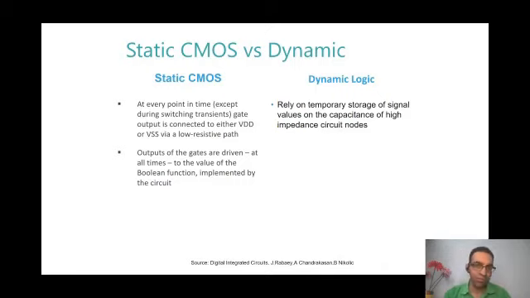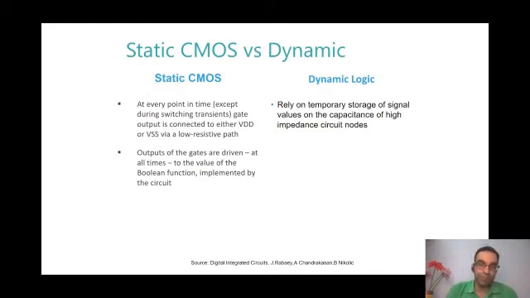Is this okay? So does the capacitance drive the output, or does the capacitance just define what the output state is? Yeah, it could be anything. You may have a series of inverters after this capacitance. So we say the capacitance only drives the output, but this capacitance could be the output directly.